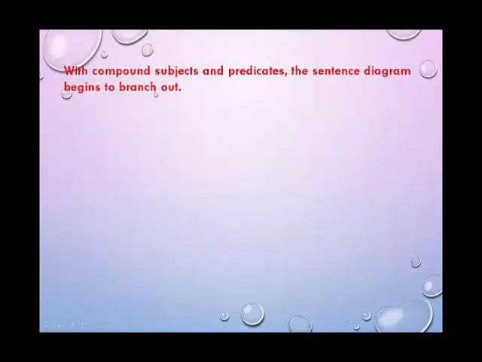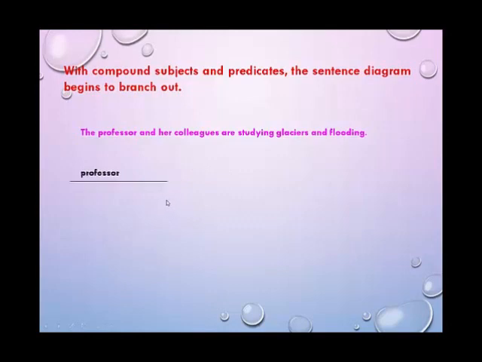Now we're going to work with compound subjects and compound predicates. We have to remember that with compound subjects and predicates, the sentence diagram begins to branch out. For example, the sentence: the professor and her colleagues are studying glaciers and flooding. First of all, we use the vertical line to separate the subject from the predicate.